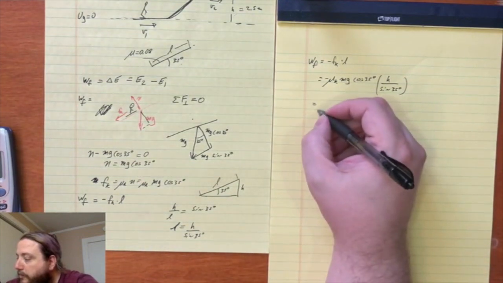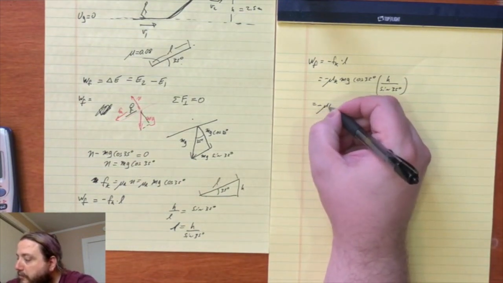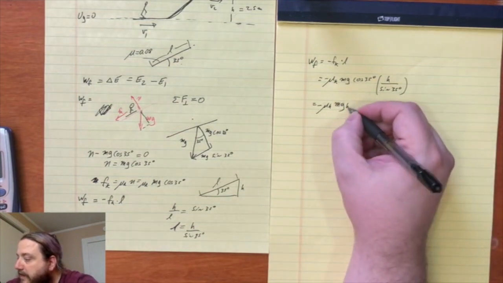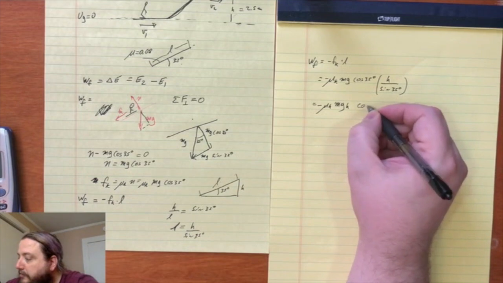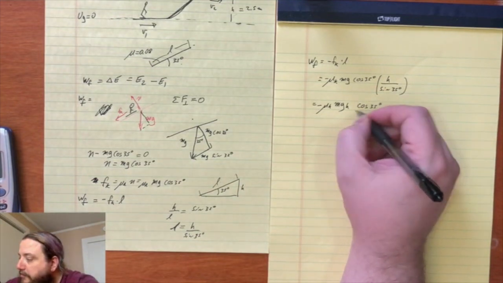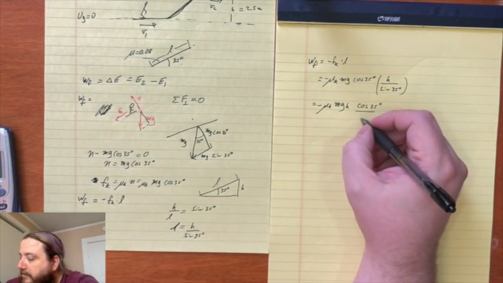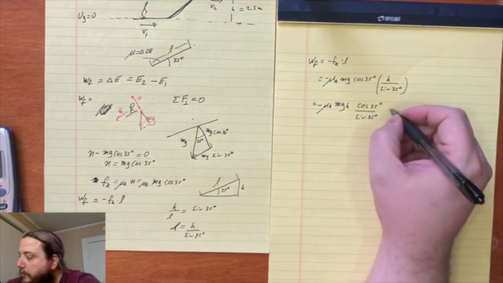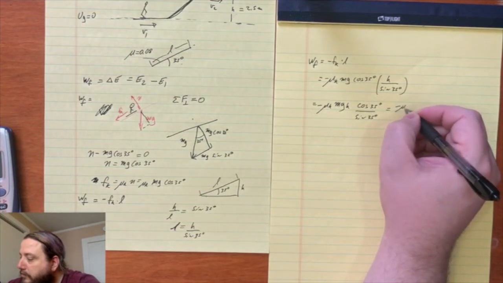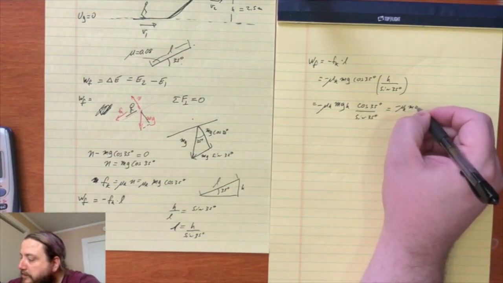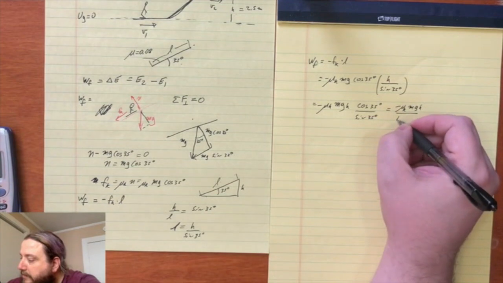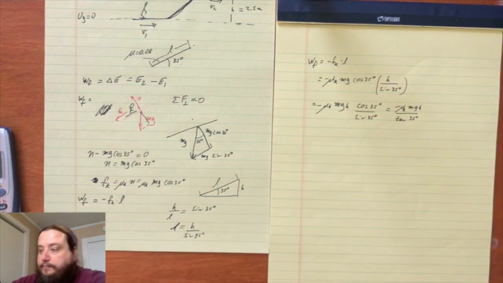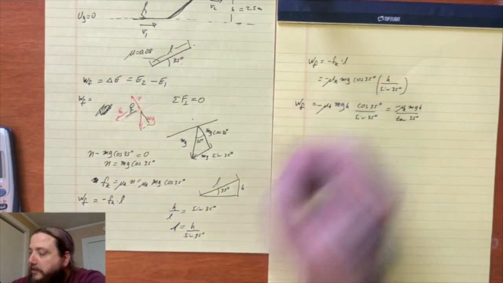So our work done by friction is going to be minus mu k mg h times the cosine of 35 degrees divided by the sine of 35 degrees. Or in other words, this is minus mu k mgh divided by the tangent of 35 degrees. And that's the work done by friction.